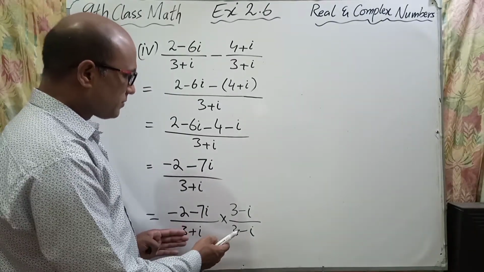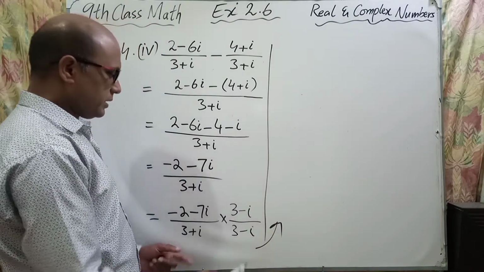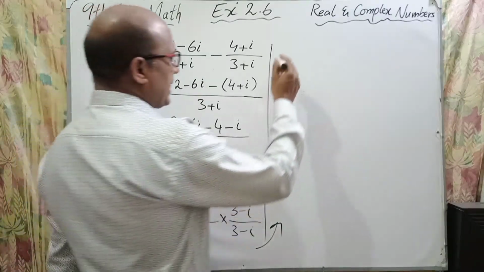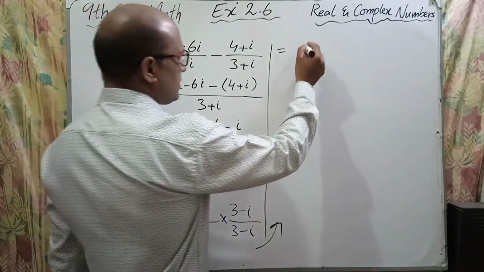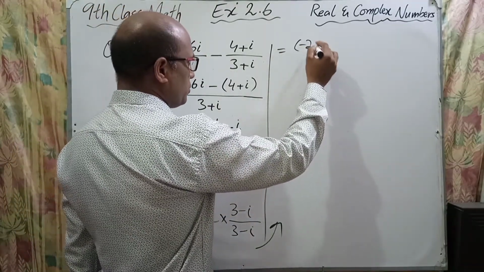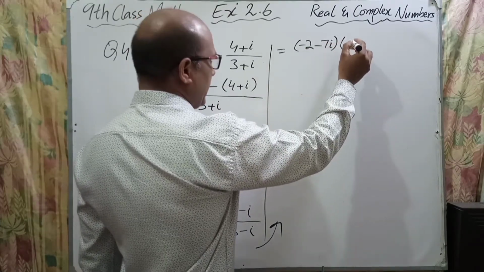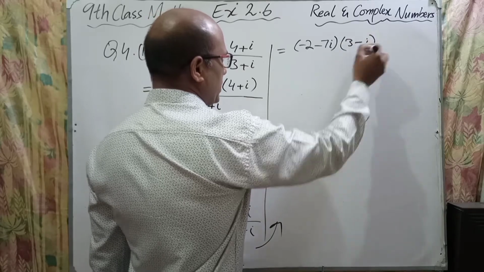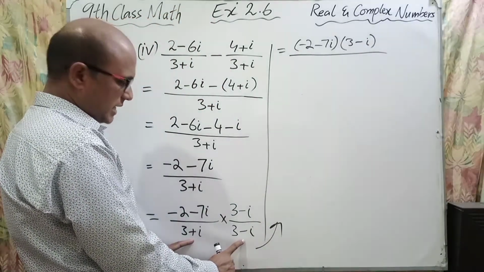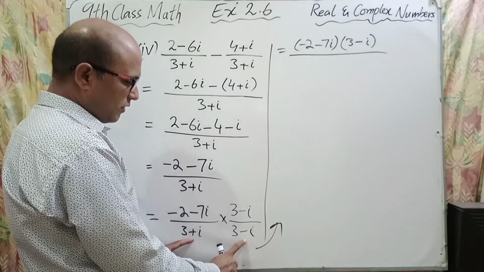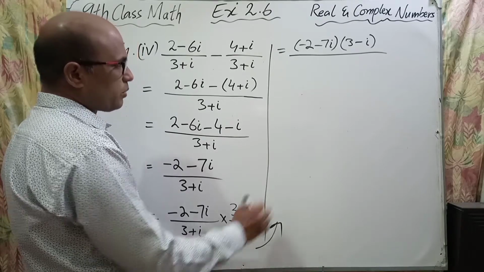So students, let's see in the next step, numerators and denominators will be multiplied. So minus 2 minus 7 iota multiplied by 3 minus iota over, because these two are the same with the difference of minus signs only, we'll apply the formula.